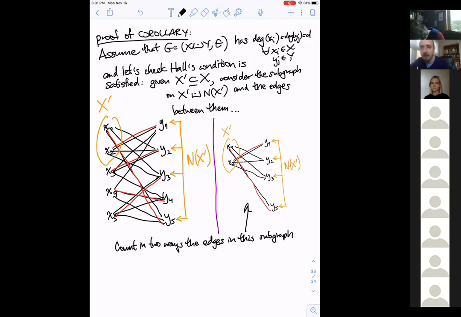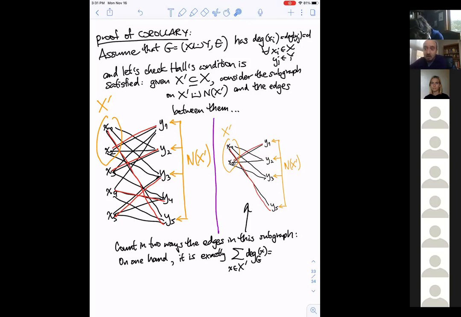So that subgraph is on X prime together with its neighbors. On one hand, the number of edges is exactly the sum over the things that are on the left side of their degree back in the original graph. Because we've got them and all of their neighbors are there.